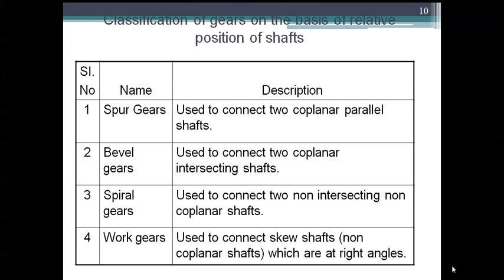The fourth one is worm gears, used to connect skew shafts. Skew shafts means non-coplanar shafts which are at right angles to each other.